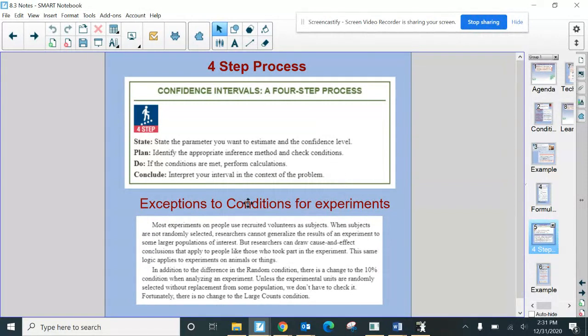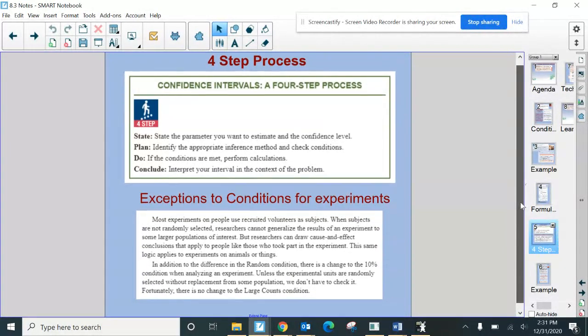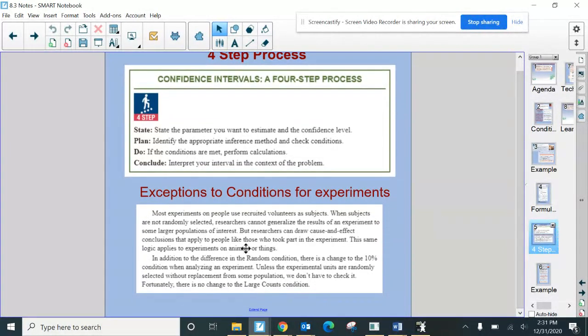So there are some exceptions when you are working with experiments. Experiments are commonly used and they're recruited using volunteers. So remember, since the subjects are not randomly selected, we can only generalize to people that are similar to the people being in the experiment, just like before, and cause and effect can be applied to people like those.